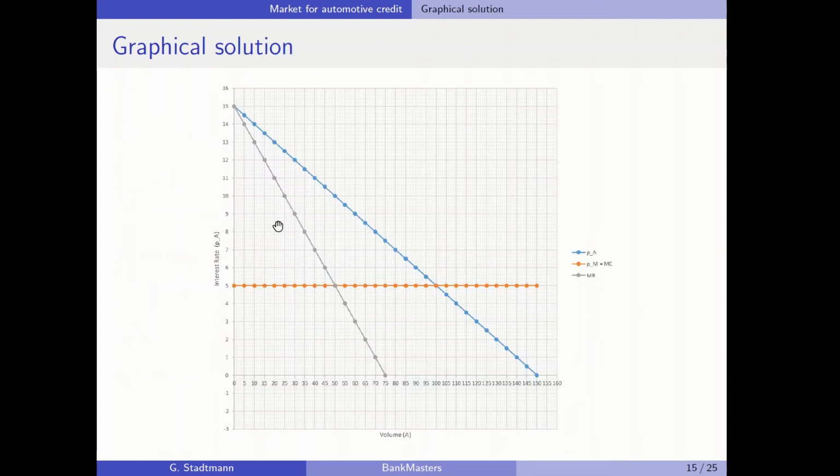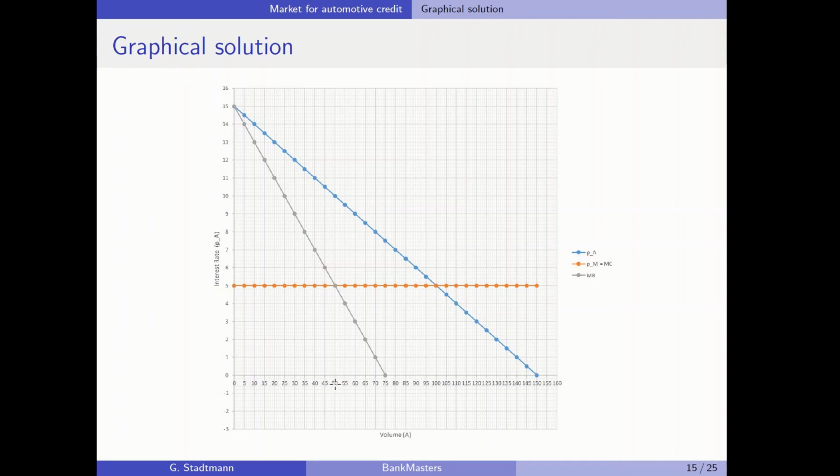Let's go back to the slide. So the green line, this is the marginal revenue relationship. In the first step, we have to find the intersection of marginal revenues with marginal cost, which is here. This is the point where marginal revenues and marginal costs are identical. So we get here the information that the optimal quantity is equal to 50.